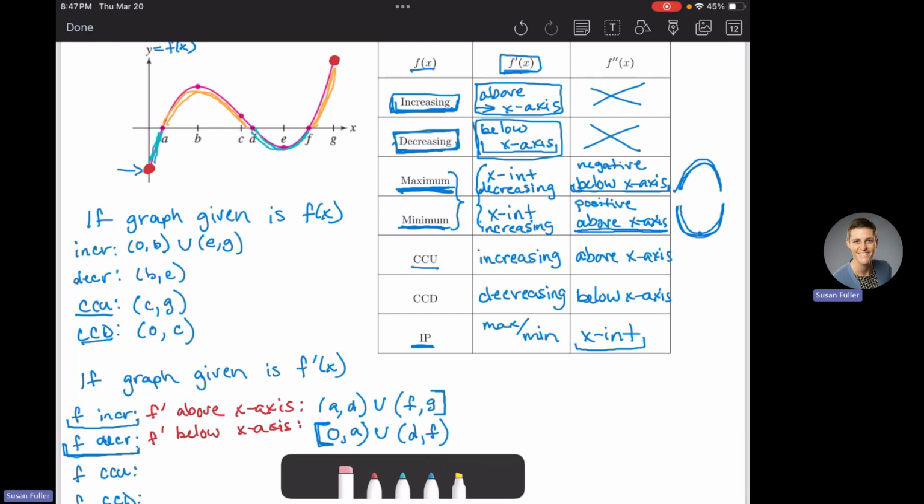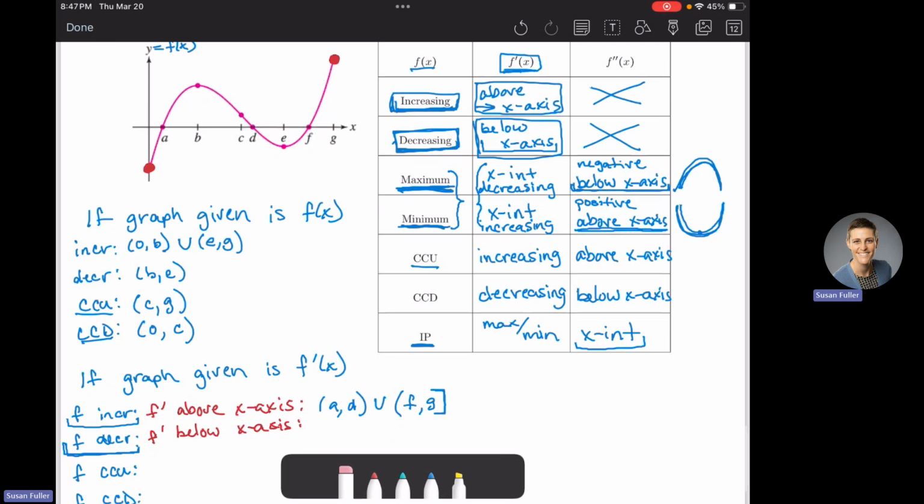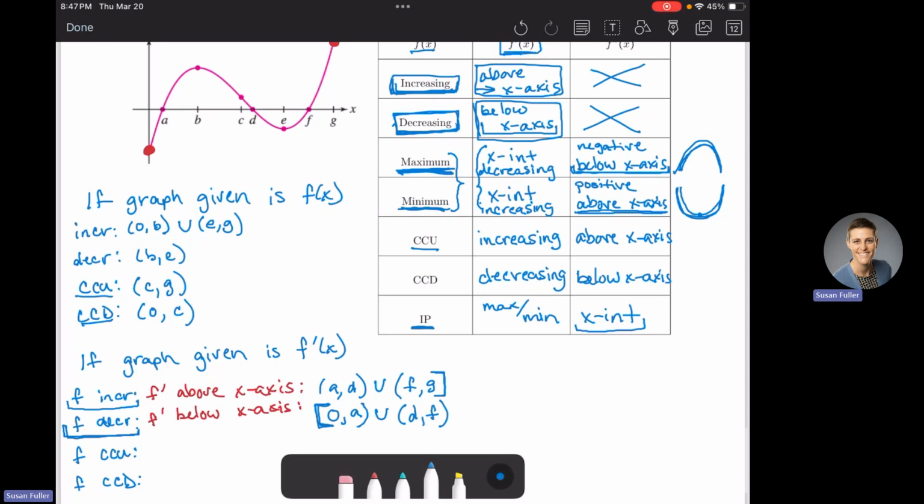Okay, first hurdle down. Now we have to do concave up and concave down. And again, I'm asking about whether my OG is concave up and concave down, but my graph is f prime. Okay, so let's focus on where my OG is concave up.